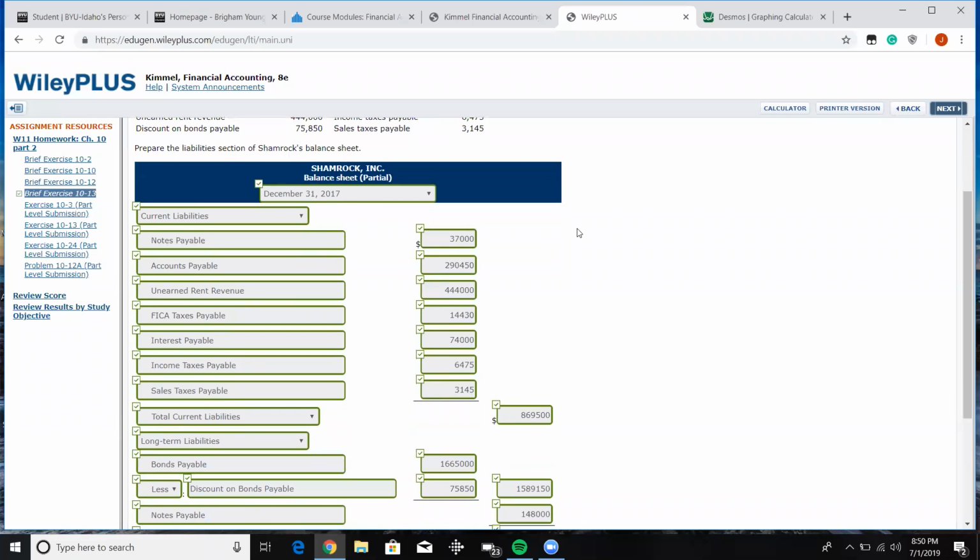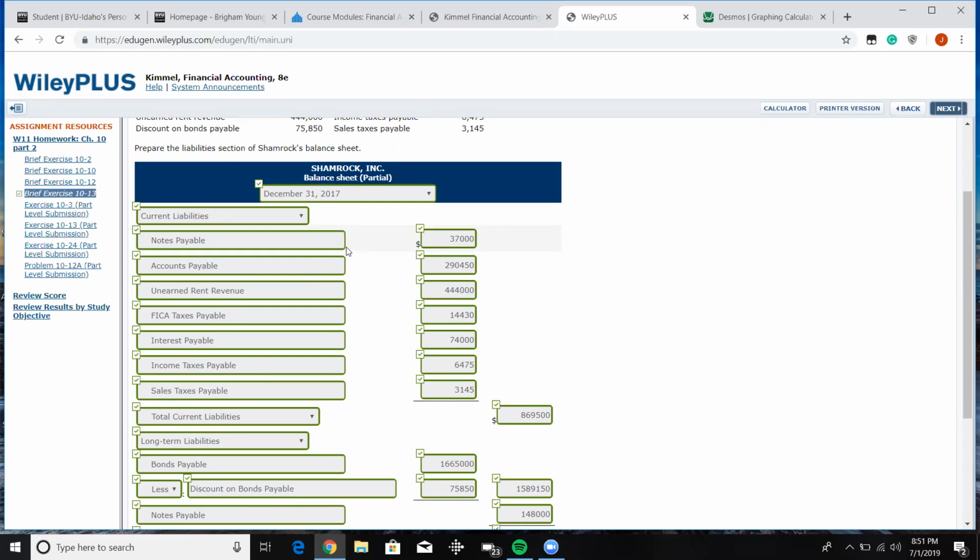All right. So then going into the partial balance sheet, we're going to list our current liabilities first. We always want to list things that are current, things that can be paid within a year. This is just how I did it. I'm not really sure if there's an order that needs to be followed.